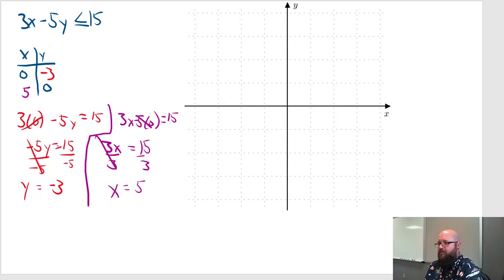Well, let's go ahead and graph those 2 points. So I have 0 and negative 3, so 0 and then 1, 2, 3. That point right there. And then our graph doesn't quite go all the way out to 5, so we're going to do a little something different here. We'll make this go out to 5 a little bit.